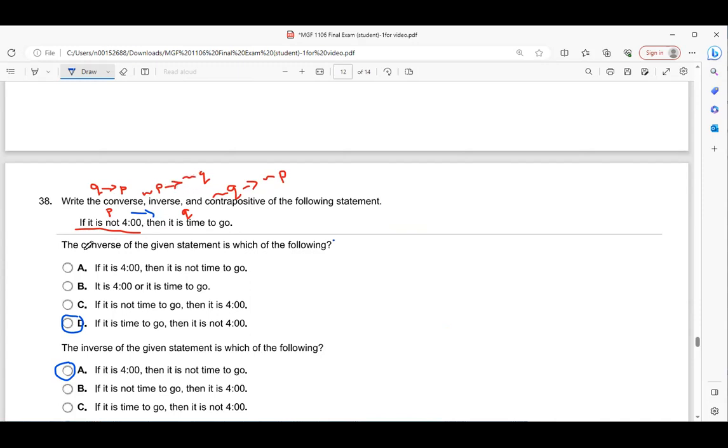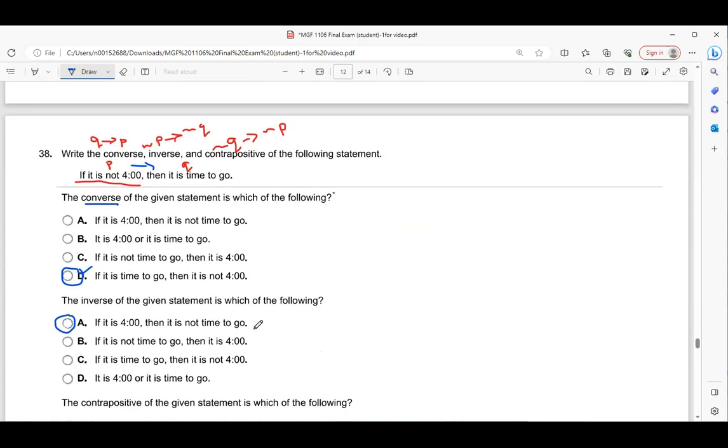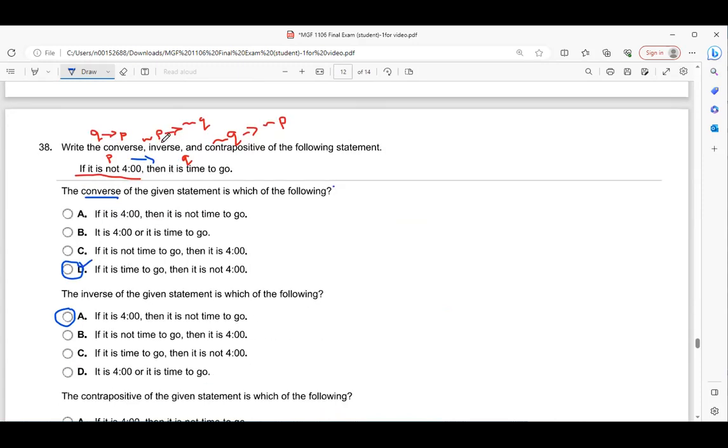So in our example, we were asked to first find the converse, reverse that order, our Q, then P. So we want to say if it is time to go, then it is not 4 o'clock, and that will be letter D.